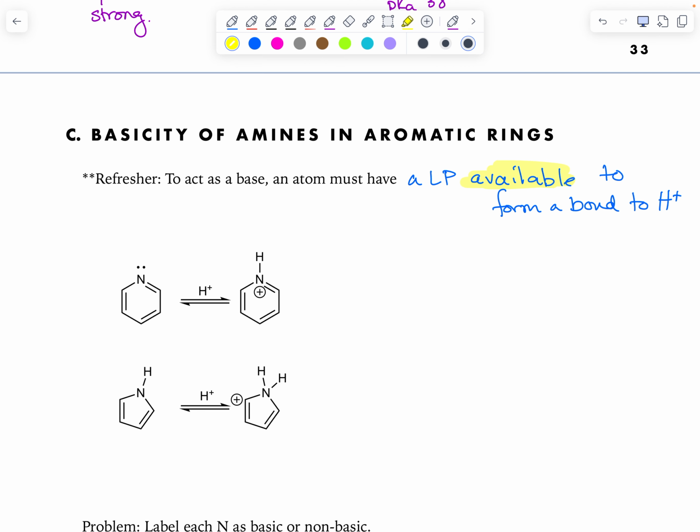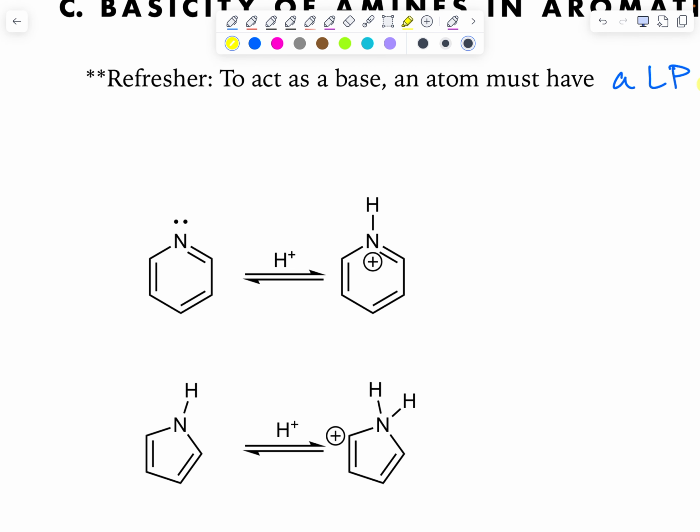So that's going to make the lone pair on this nitrogen in pyrrole that I'm highlighting here in yellow be very different in how it will react with an acid than the lone pair that is on the pyridine, which is up top. So one of them is going to be a very strong base relative to the other one.